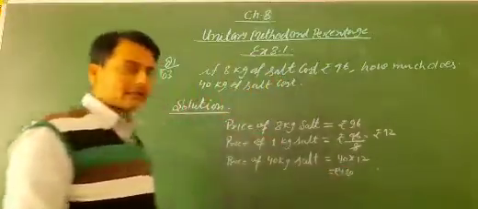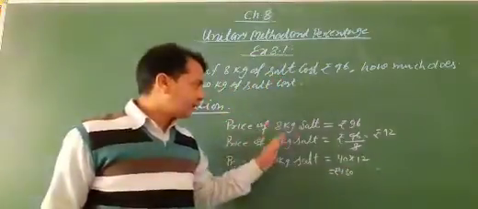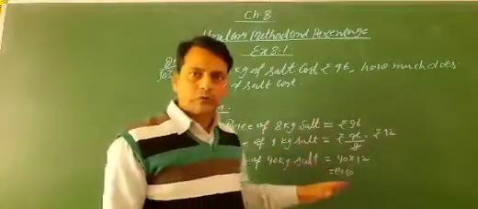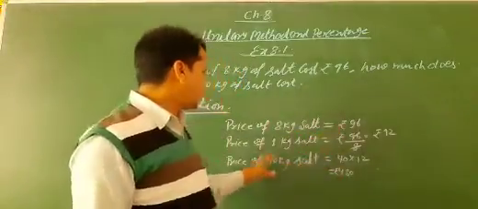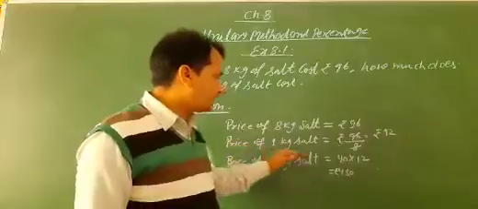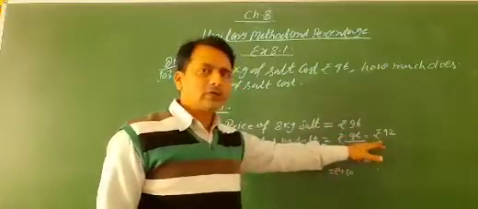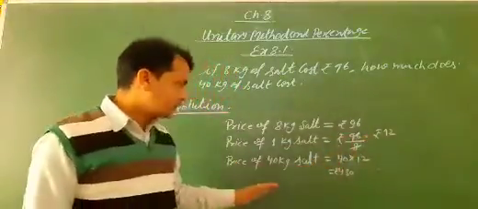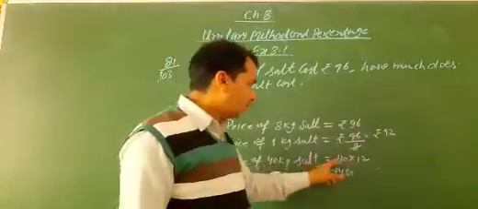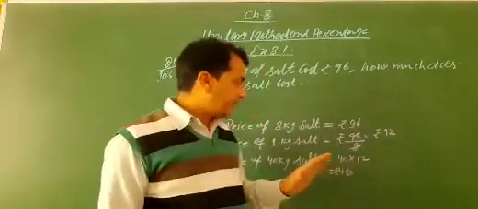So it is clear that the price of 8 kg salt is given in this question, that is 96 rupees. So the price of 1 kg salt is 96 by 8, 12 rupees. Then the price of 40 kg salt is 40 into 12, that is 480 rupees.